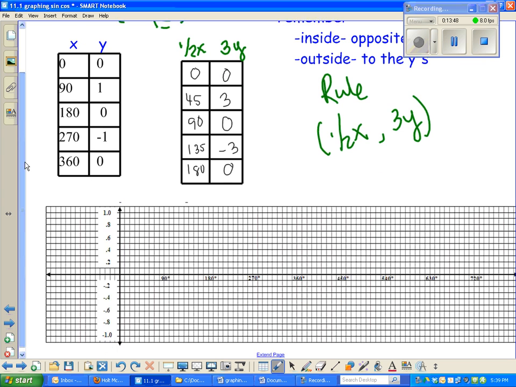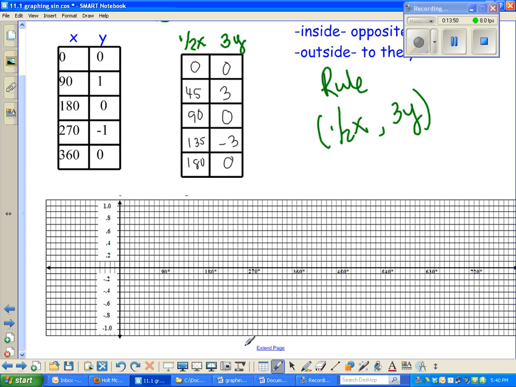And now we can use these points to plot our graph. So we're going to have 0, 0. We're going to have 4. And then if we change this, you should change your scale here, and I did not do that.